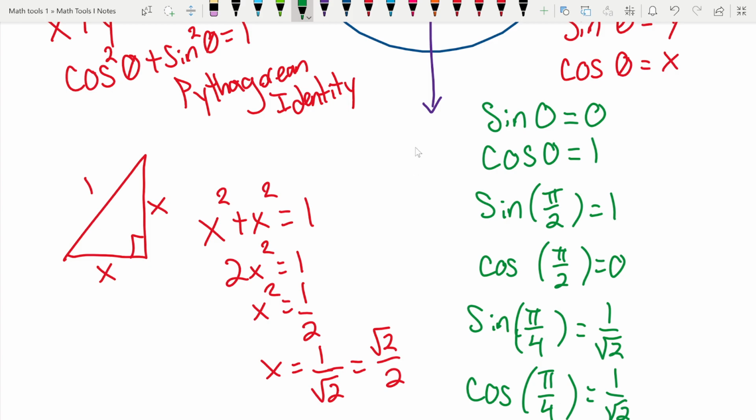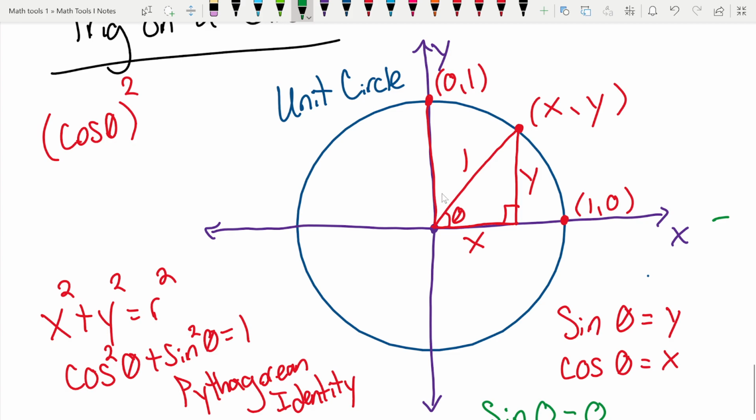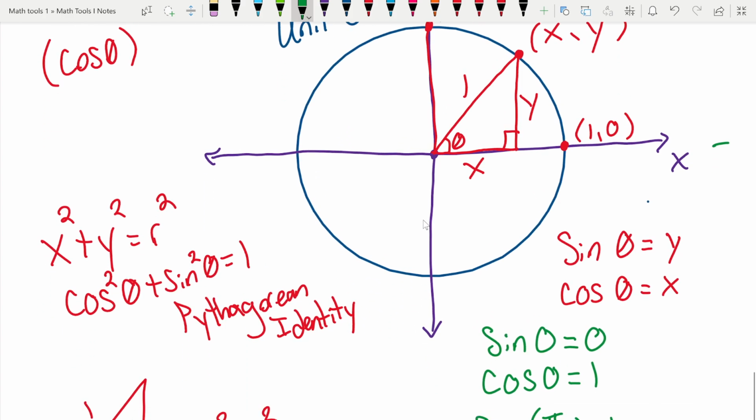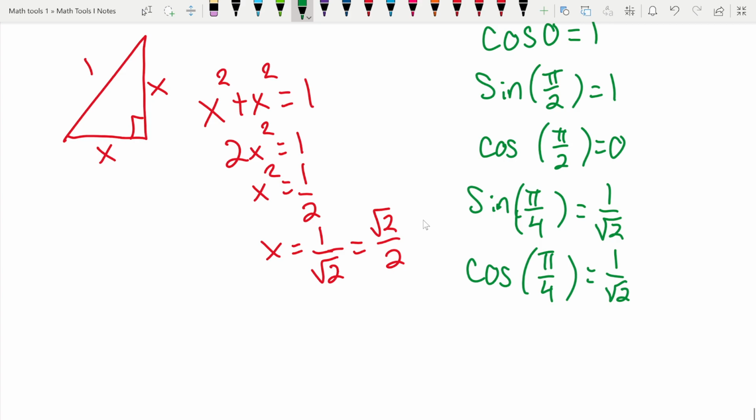Other common ones are pi over 3 and pi over 6. Pi over 3 being right here, exactly 60 degrees. Pi over 6 being right here, 30 degrees. At those ones, I'll just write them down here because it's getting a little bit too much into triangles than we want to go.